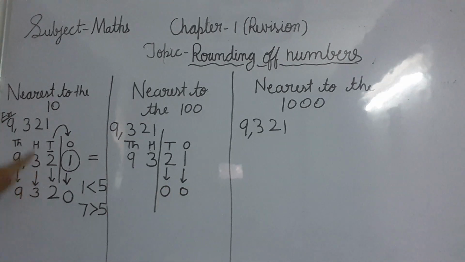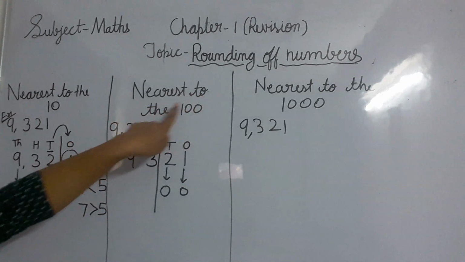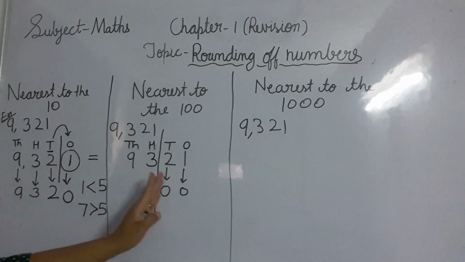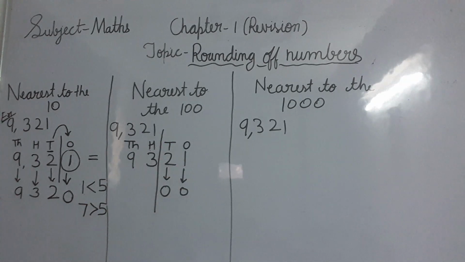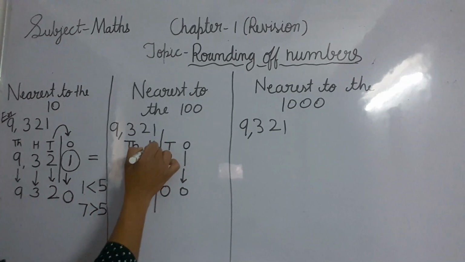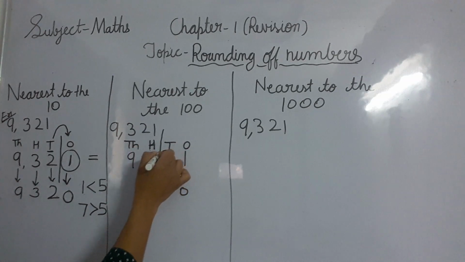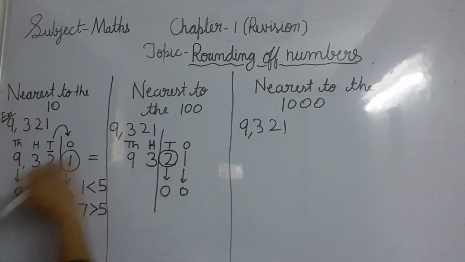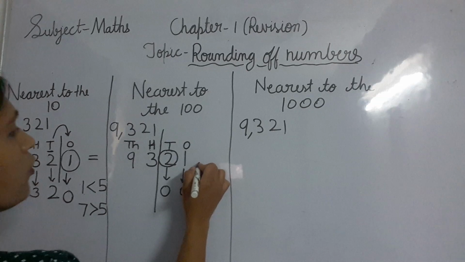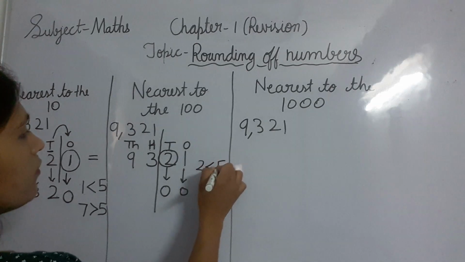Here we have done nearest to the 10, so before 10 I converted all the numbers to 0. Here we are doing nearest to the 100, so before 100 convert all the numbers to 0. It means we have to compare the tens place number with 5. Now 2 is less than 5.